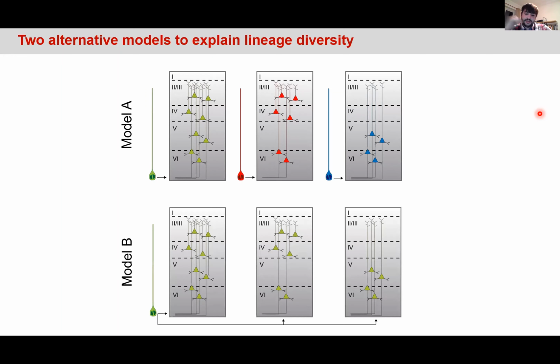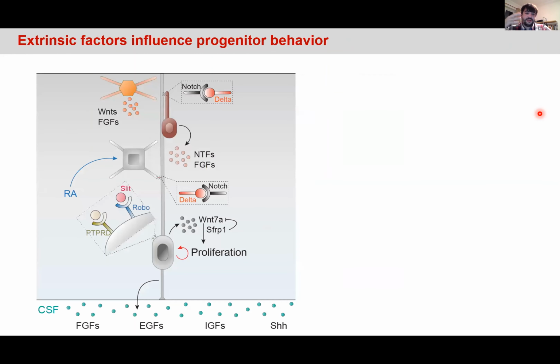On the other hand, a perhaps more parsimonious model would propose that a unique homogeneous population of progenitor cells could be able to generate all this diversity of outputs if the rules instructing their behavior were not fixed and deterministic, but rather flexible and stochastic. And when thinking in this model, one should consider the context in which radial glia cells are operating during development.